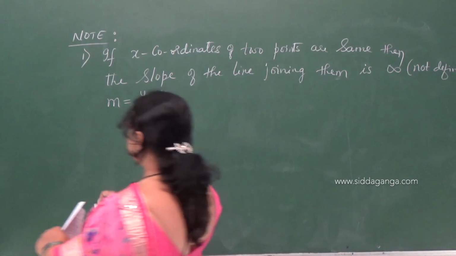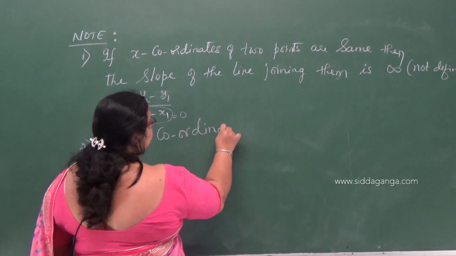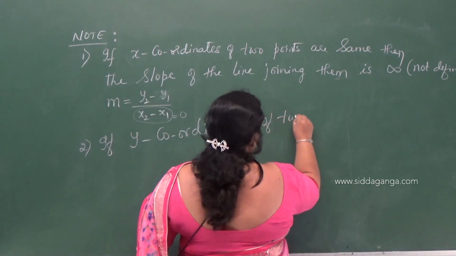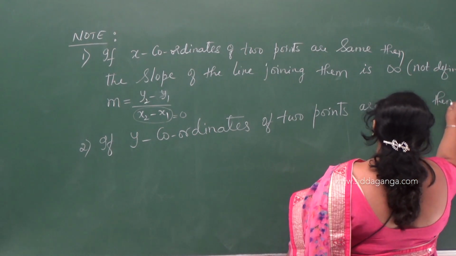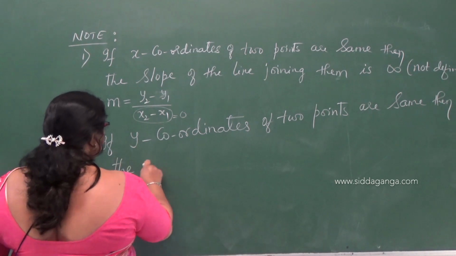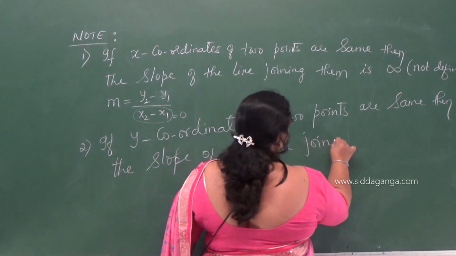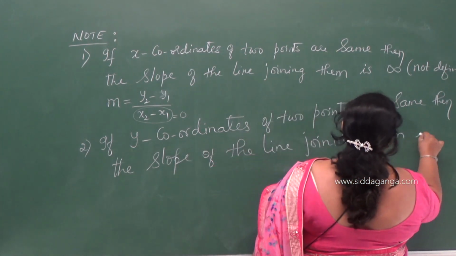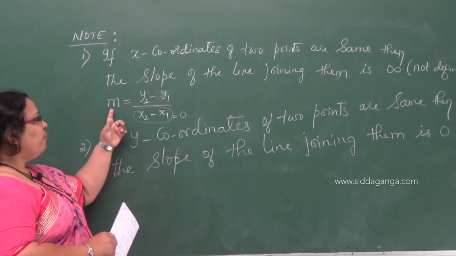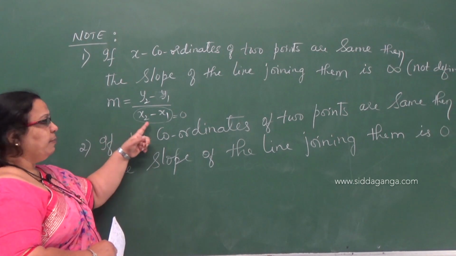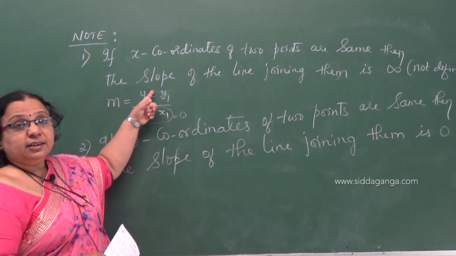Similarly, if y coordinates of 2 points are same, then the slope of the line joining them is 0, because in the slope formula, when the y coordinates are same, the difference becomes 0 and the numerator becomes 0.